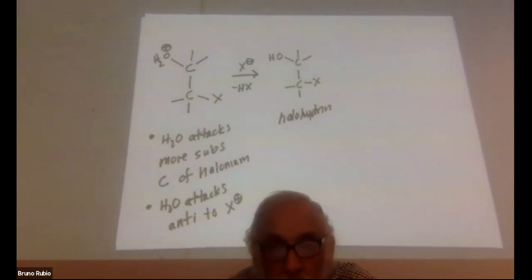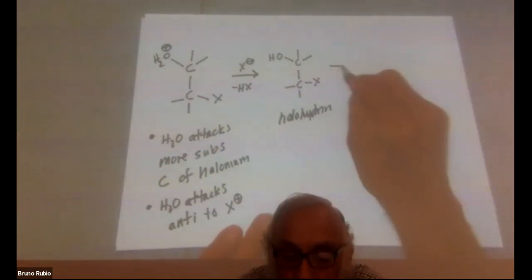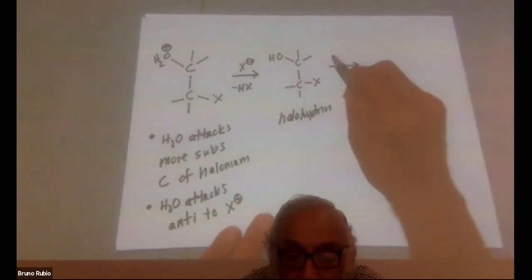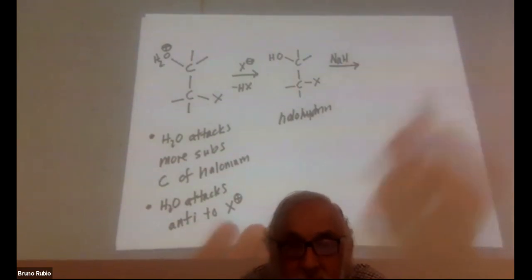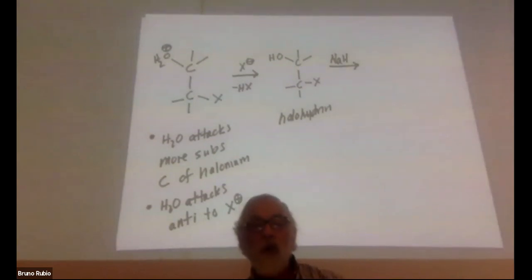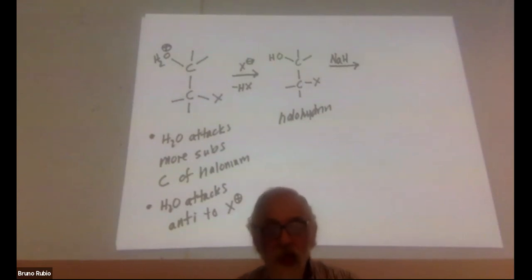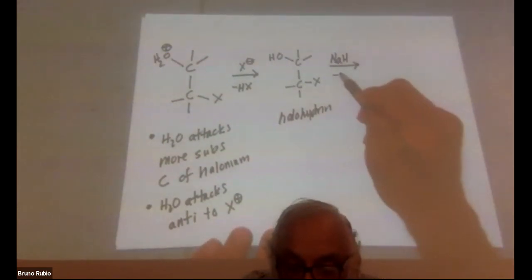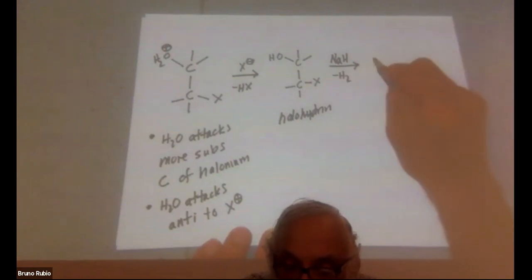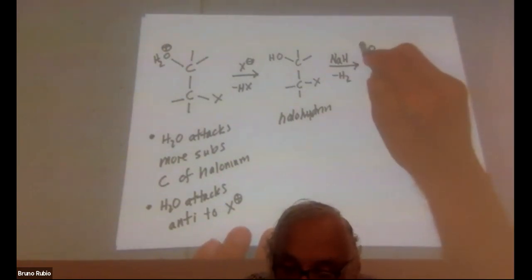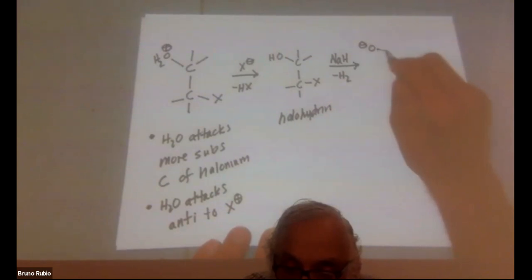On Tuesday, you come in and you're going to react the halohydrin with a base, and the base is going to remove the OH proton. So the best base to use here is sodium hydride. We saw him before when we were talking about the Williamson. That's a base that's going to deprotonate the alcohol of the halohydrin.